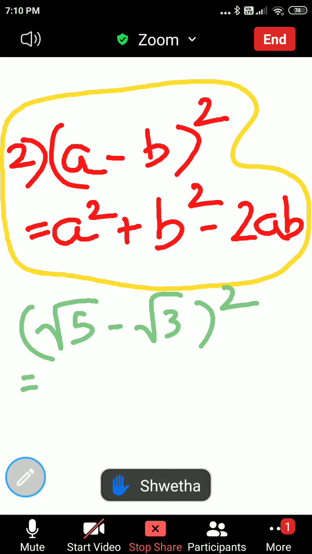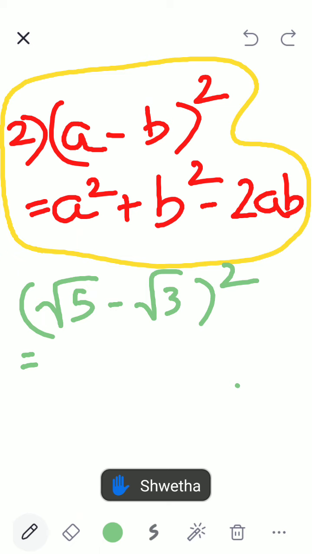Okay, root 5 is A. Very good. I will write this as A. And root 3 is B. Now tell me. So start.